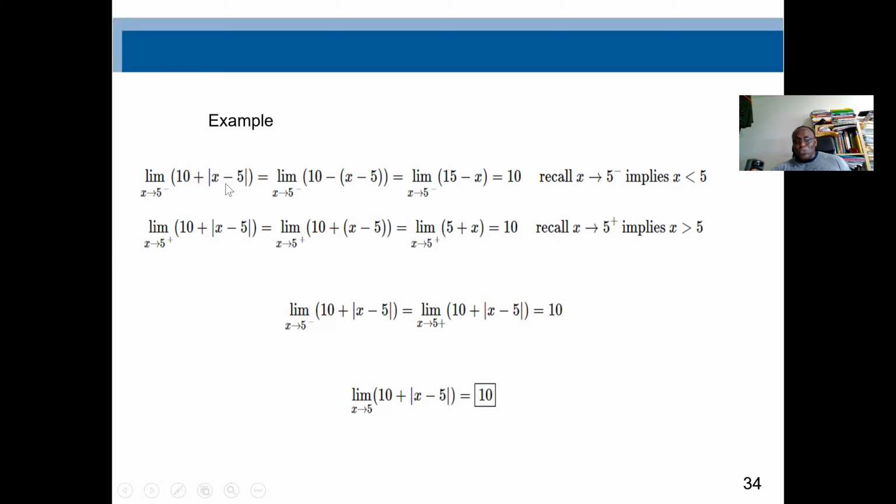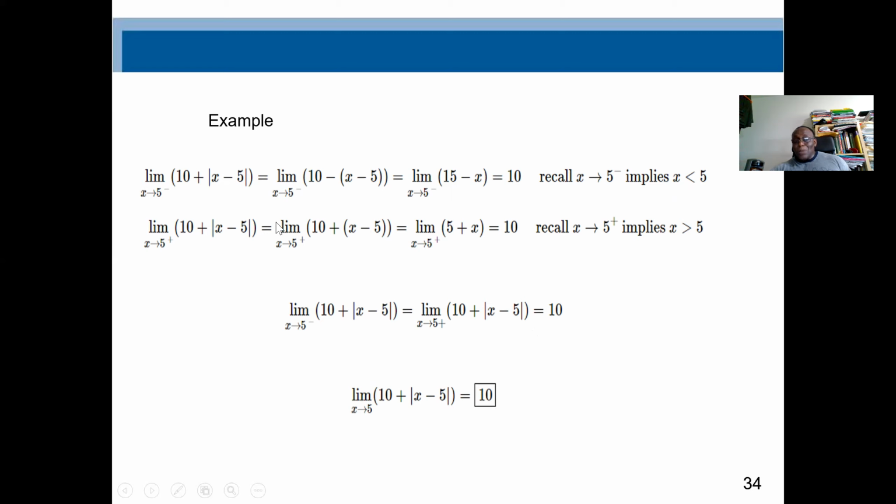Again, this is absolute, so assuming the value is negative and positive, we solve the negative aspect of it to give us 10. Now we change it to positive also, and the answer is the same thing, 10. If both are 10, that means the limit exists and the answer will be 10.